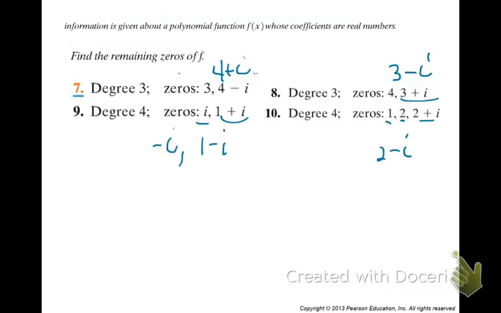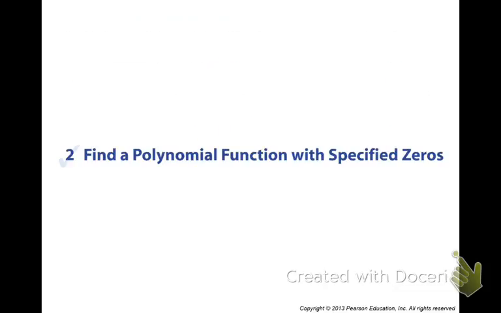Okay. All right, so now we're going to look at, given our factors, and in this case we'll have our complex zeros, how do we get our polynomial back? So now we're going to find the polynomial function with specified zeros.